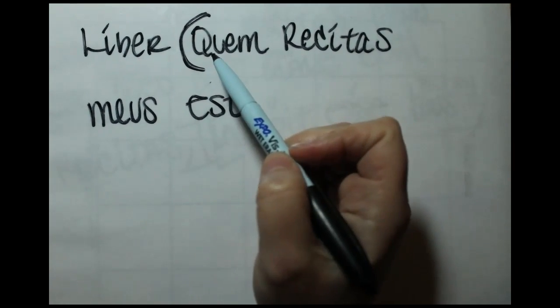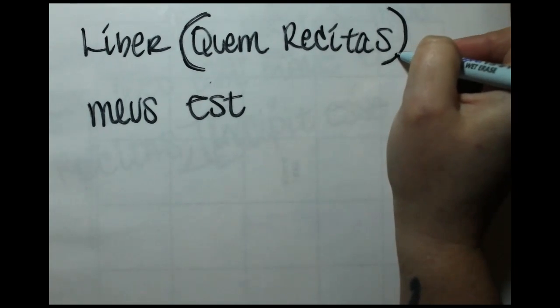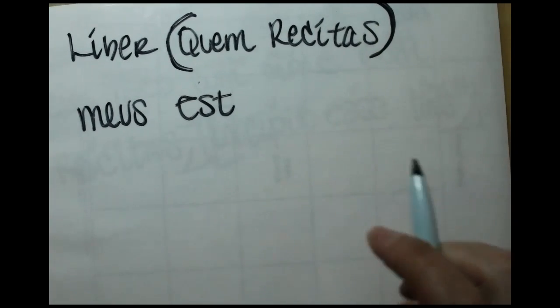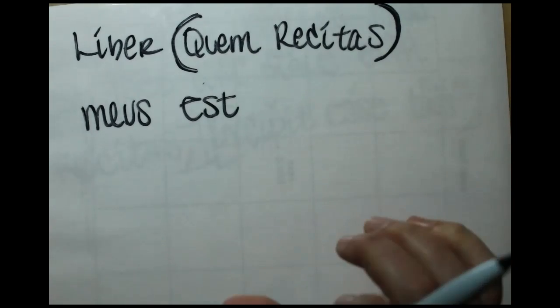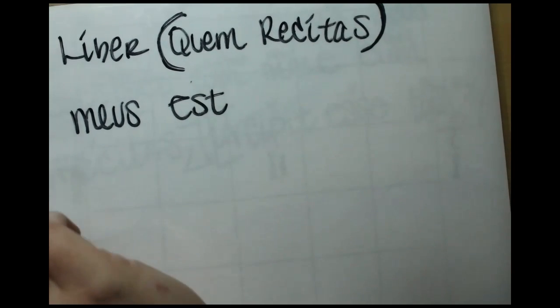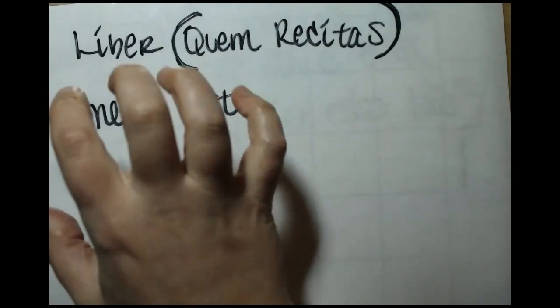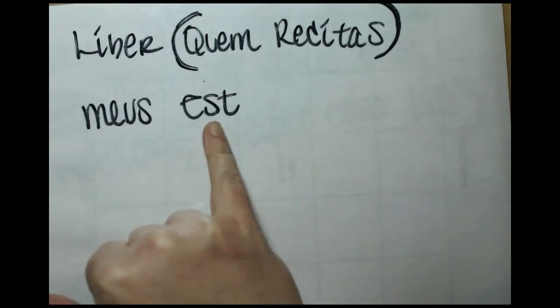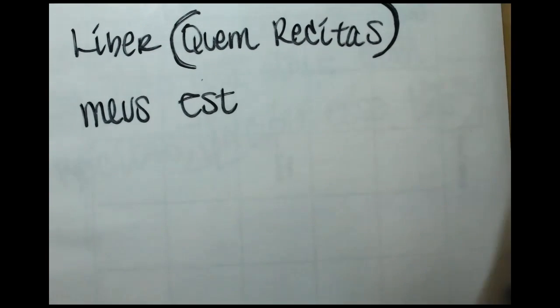How far does it go? Generally, it goes until you find a verb. So quem recitas, that's its own clause within this larger clause. We'll start on the outside of the relative clause, translate this, and then come back. So liber, this is a noun.